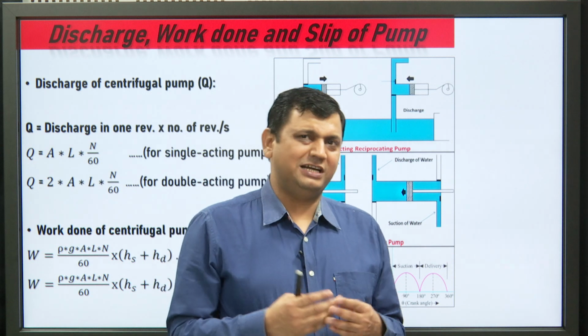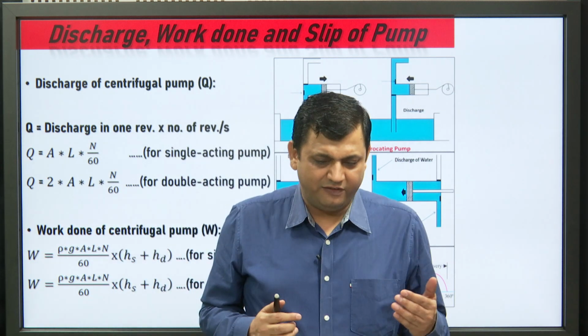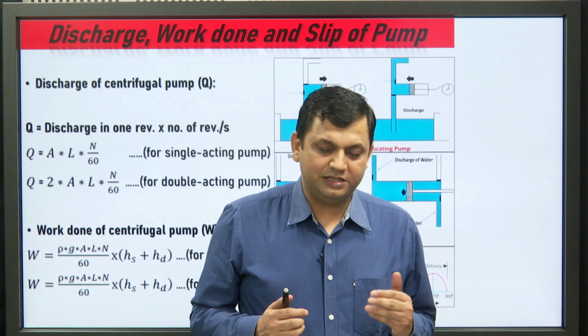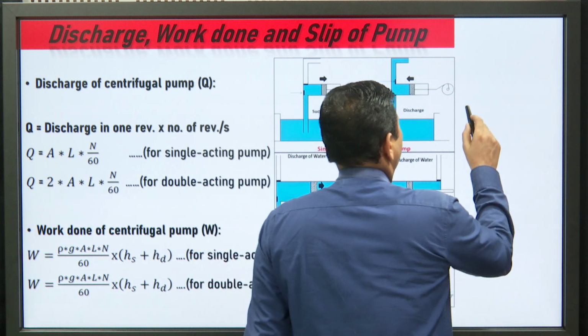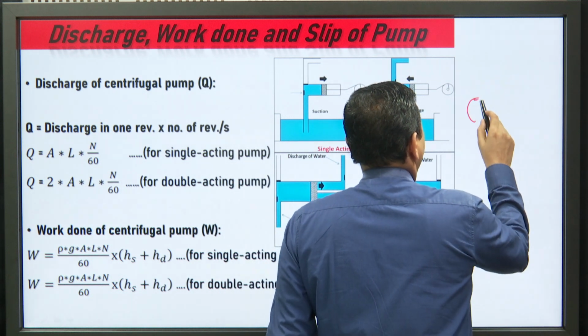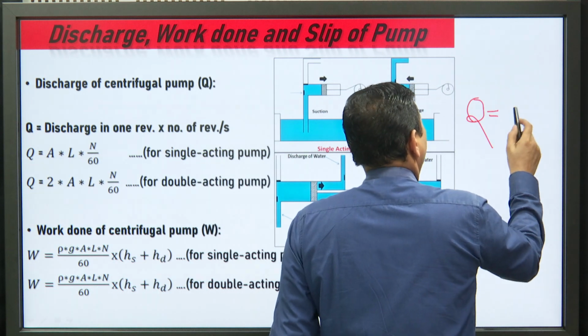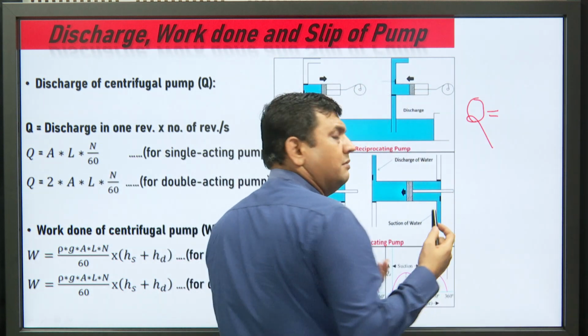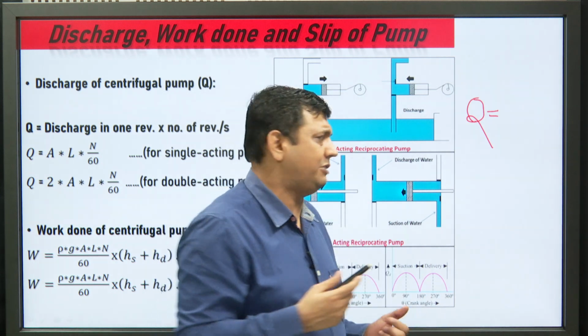First we calculate the discharge, then the work done. The discharge per second is simply the volume of the cylinder filled with the liquid.